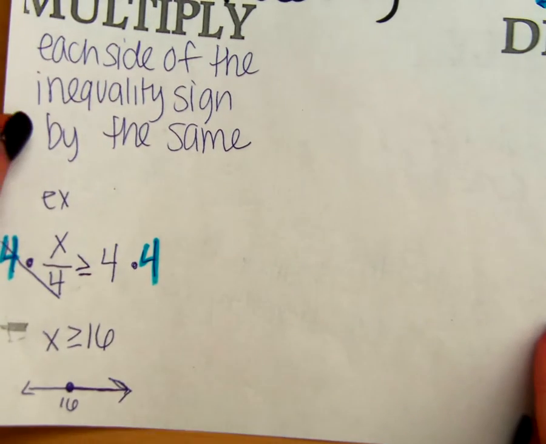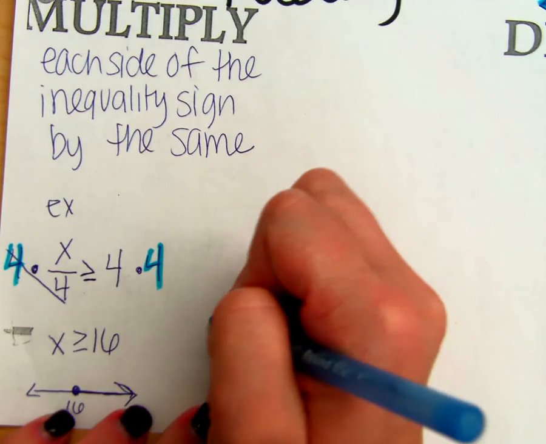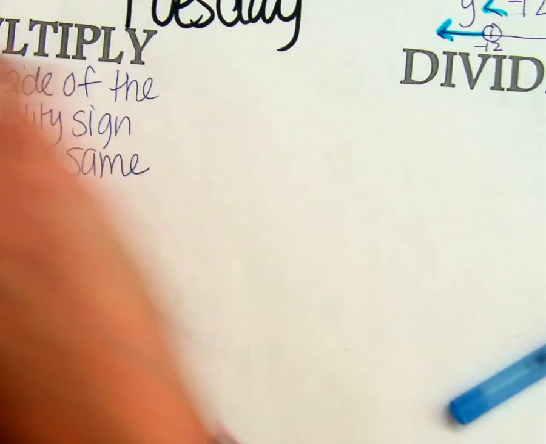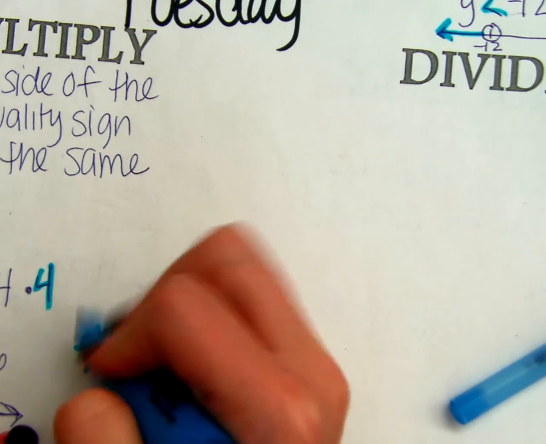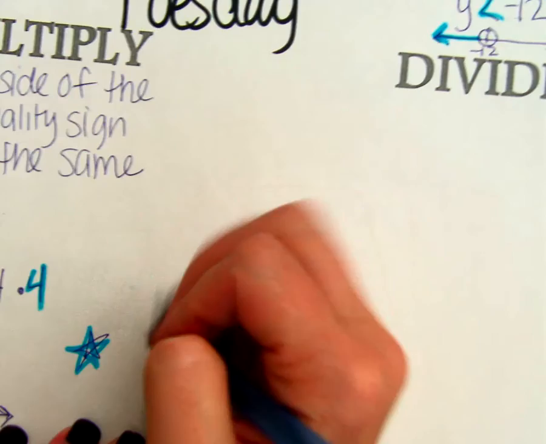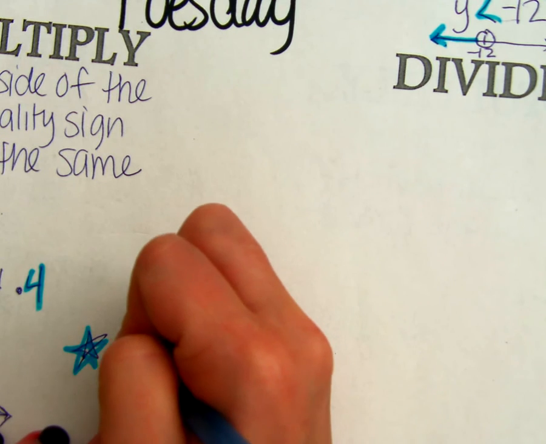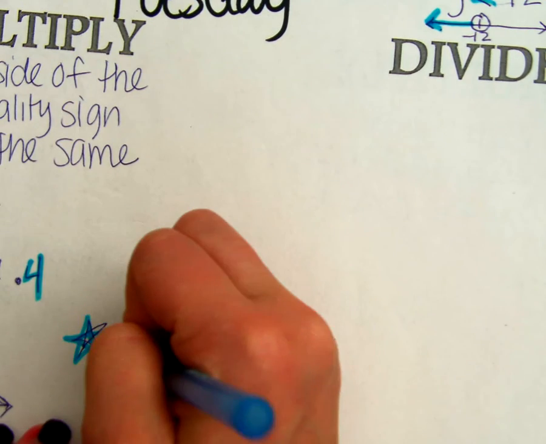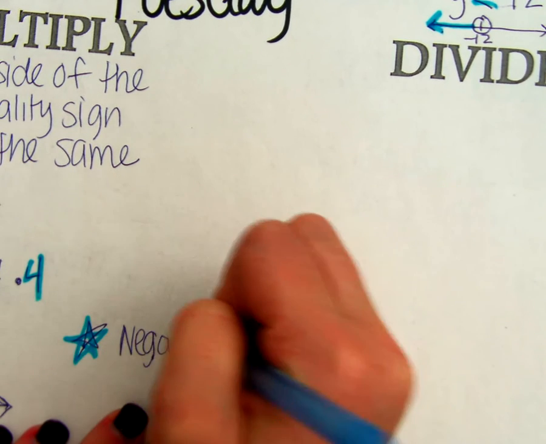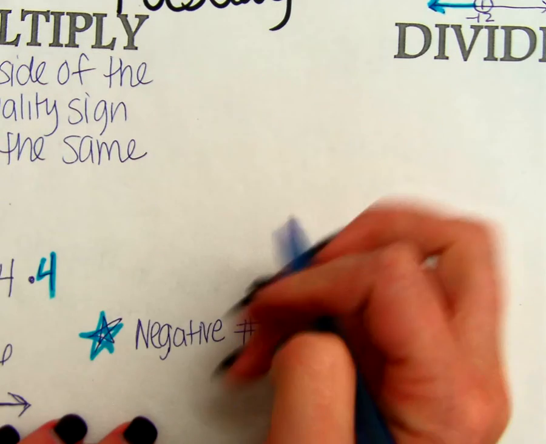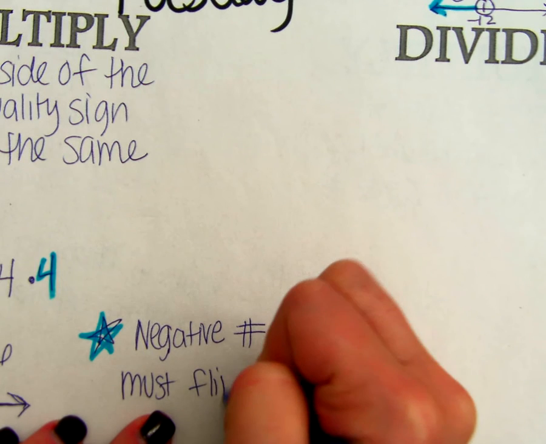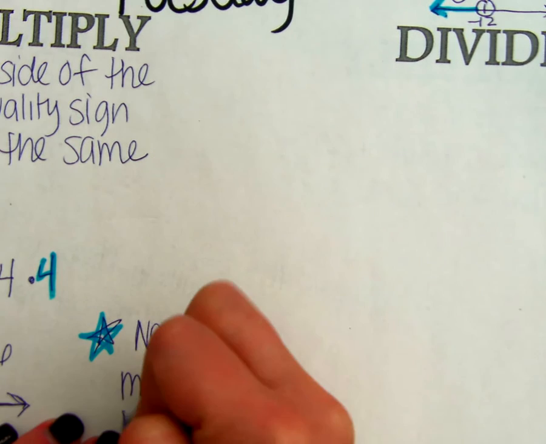The only difference with multiplying and dividing inequalities, this is something we need to remember. If you are multiplying or dividing by a negative number, you must flip the inequality sign.